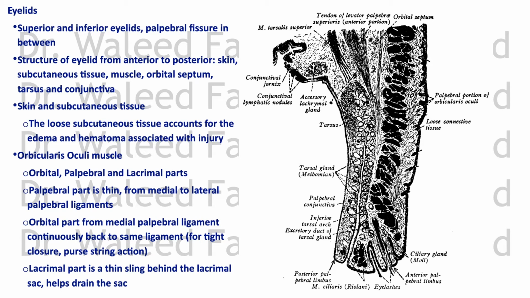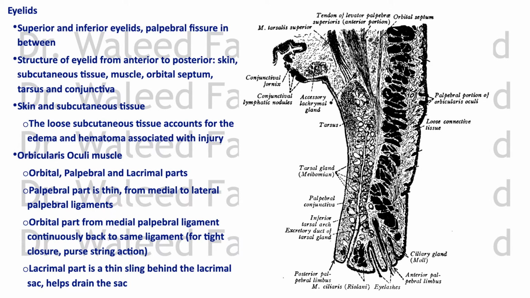What else? Behind the orbital septum level, there is the tarsus. This is the tarsus, a layer of dense connective tissue, but as you can see here, embedded in the tarsus are numerous special type of glands, mucus glands, that are in the tarsus and near the hair follicles of the eyelashes.